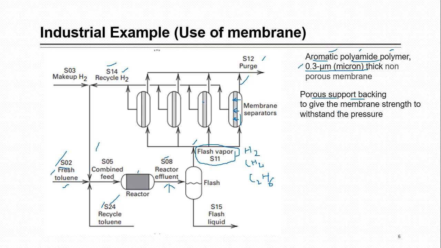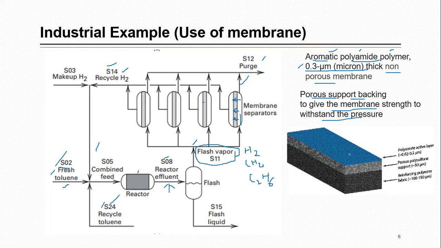Most of the time that porous support is also a polymeric component, but it is porous, containing large pores. It is just used as a support; it does not work as a separation unit or active layer, meaning the layer through which separation takes place. The top layer is non-porous. Later we will talk about porous and non-porous membranes in detail next week, so you will get a better idea, but the top layer is non-porous and the other support is porous.